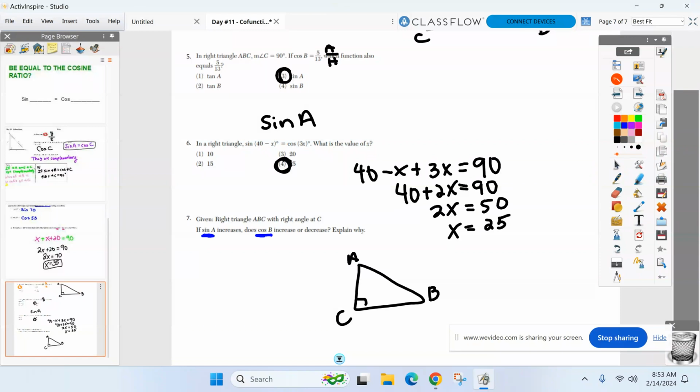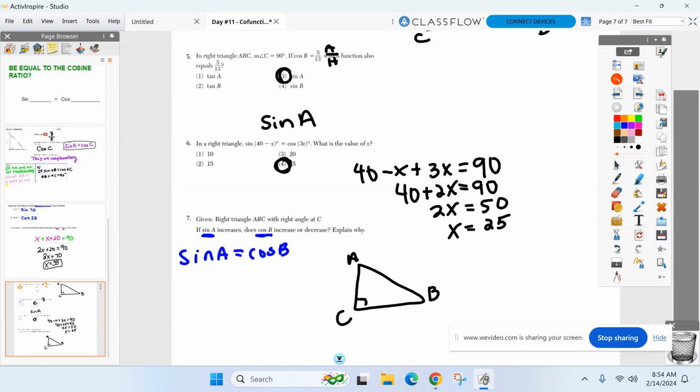The angles are complementary, but the sine ratio and the cosine ratio are equal to each other. That's what we found out today. Because A and B, the angles, add to 90, the ratios are equal. Maybe that's the better way of putting it. If A and B add to 90, the ratios are equal. So if sine A increases, what's got to happen to cosine B if they're equal?